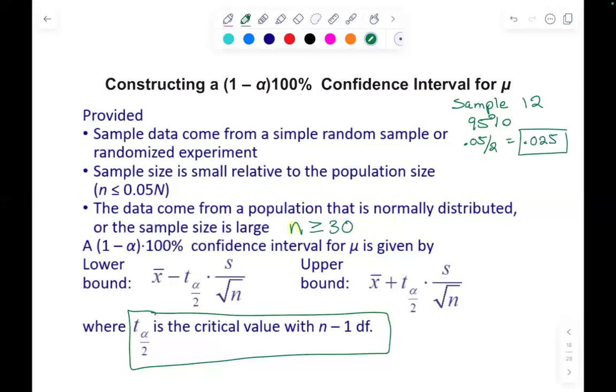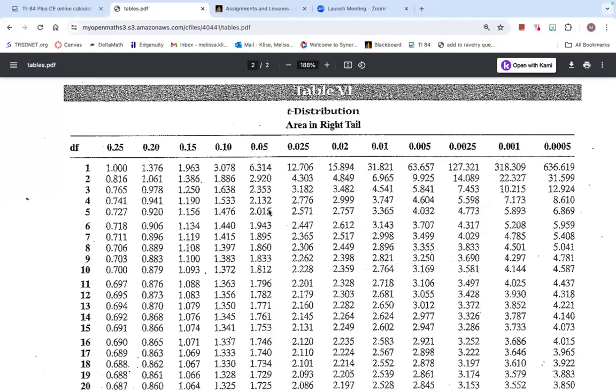This is the column I'm going to look at. And because my sample size is 12, I'm going to use n minus 1 degrees of freedom. So I'm going to go down here to 11. So my t value would be 2.201. This t value is also called a critical value. It's the same thing we did with z. It's called a critical value, 2.201. So make sure to subtract 1 from your sample size.